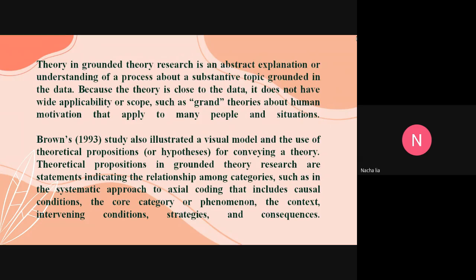According to Brown, in 1993, studies also illustrate a visual model and the use of theoretical propositions for conveying a theory. Theoretical propositions in grounded theory research are statements indicating the relationship among categories, such as in the systematic approach to axial coding that includes causal condition, the core category or phenomenon, the context, intervening condition, strategies, and consequence.